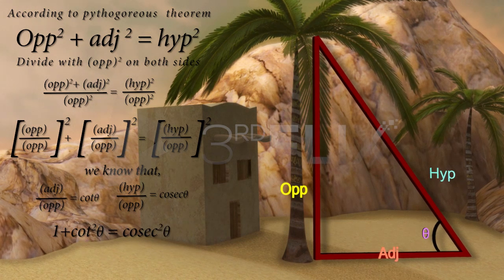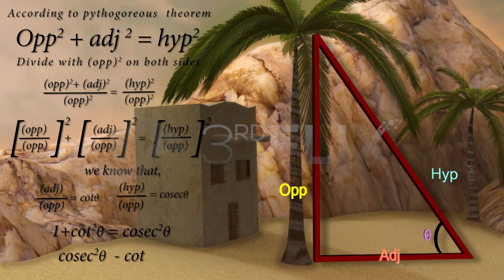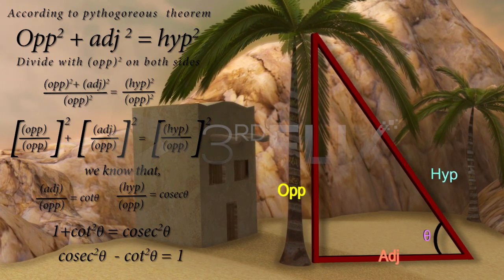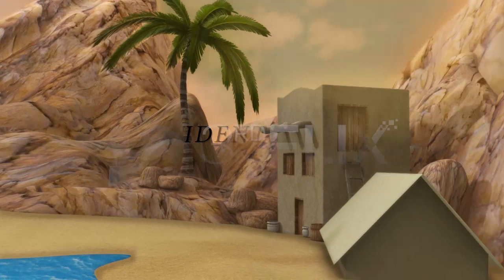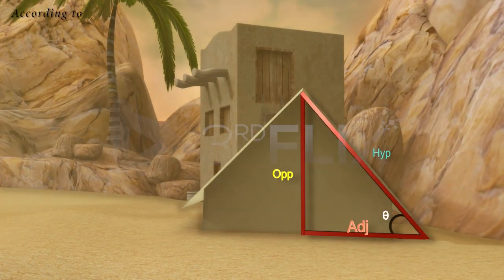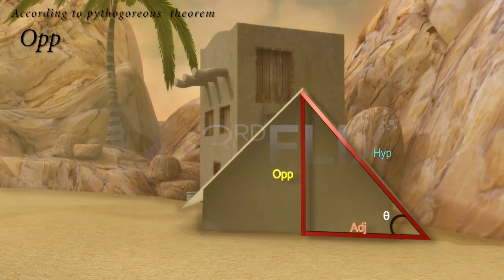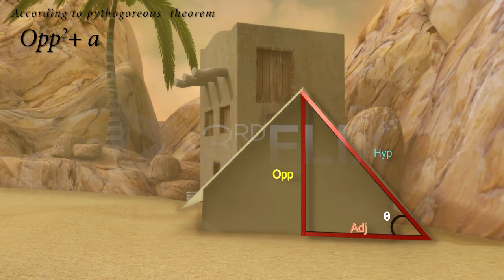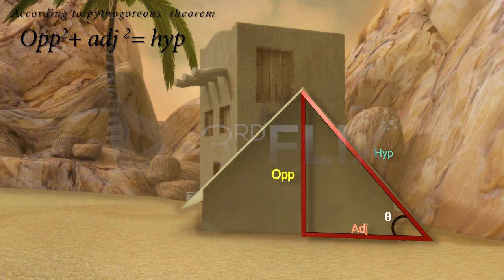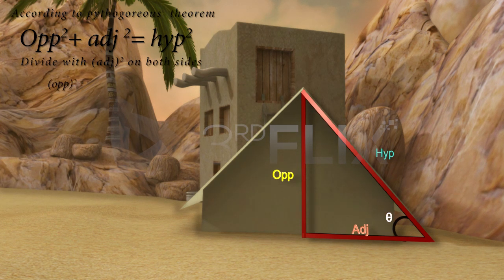Let's prove the identity secant square theta minus tan square theta equals 1 using the Pythagorean theorem. In a right-angled triangle, square of the opposite side plus square of the adjacent side equals square of the hypotenuse. Dividing both sides of the equation by adjacent side square, we get opposite side square by adjacent side square plus 1 equals hypotenuse square by adjacent square.